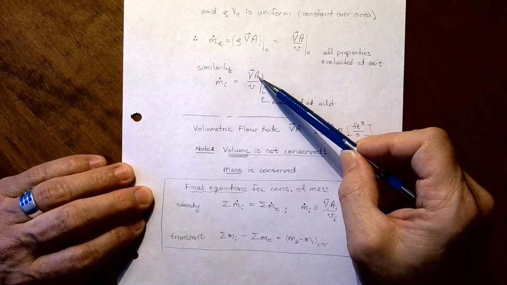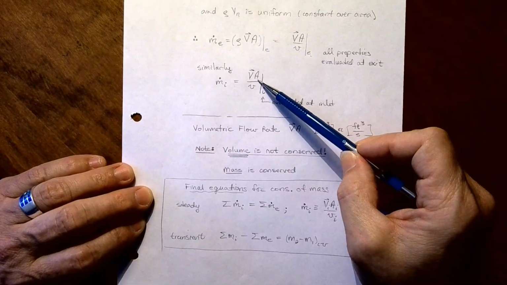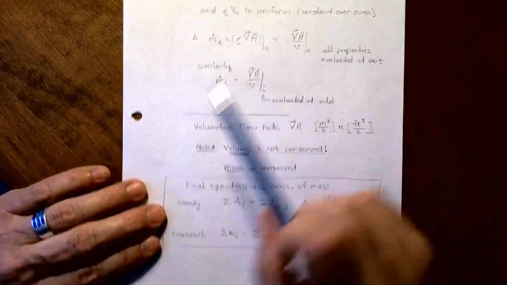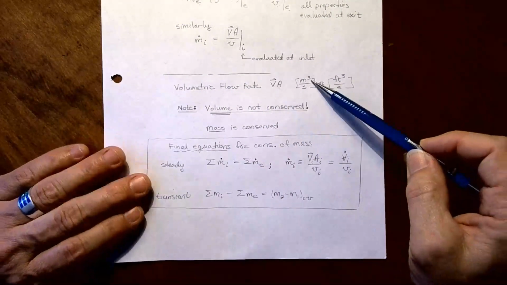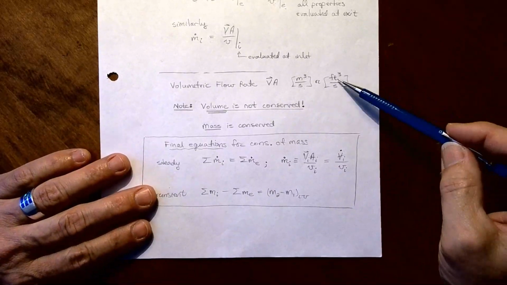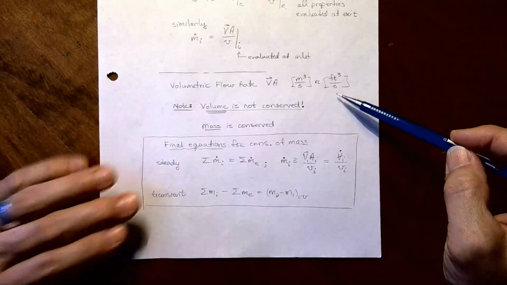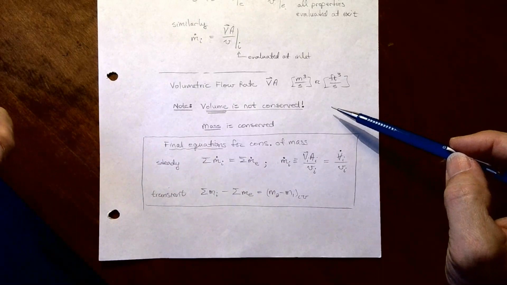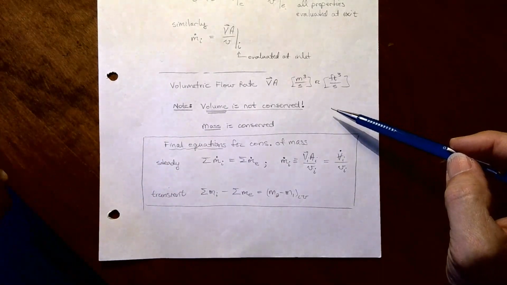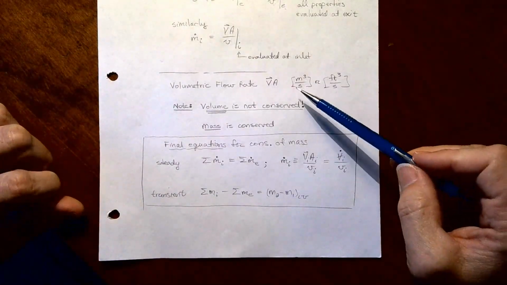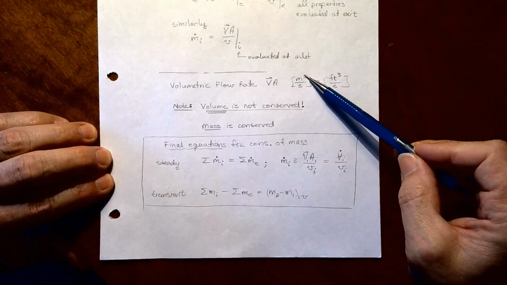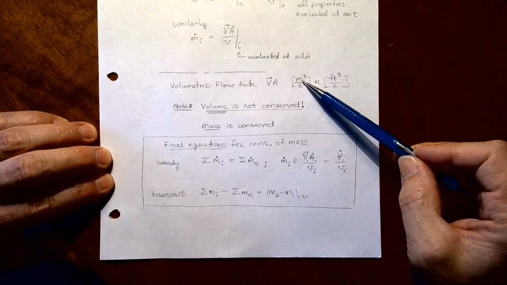So you can think about representing a flow rate as a volumetric flow rate. Volumetric flow rate would just be V times A, cubic meters per second, or cubic feet per second. To convert that to a mass flow rate, you simply need to multiply by the density or divide by the specific volume. That'll convert that volume into a mass.